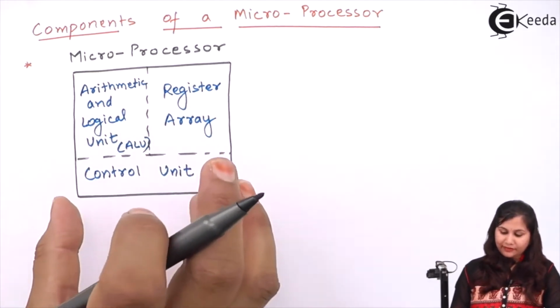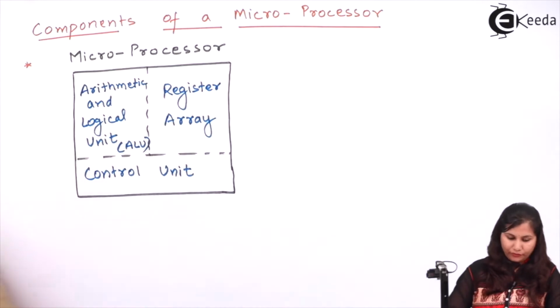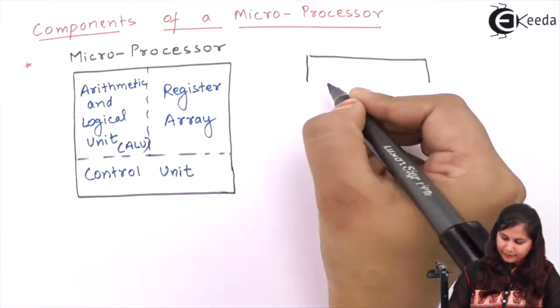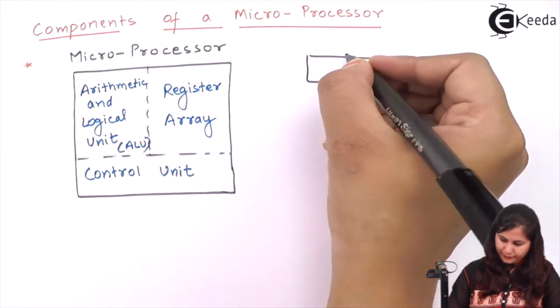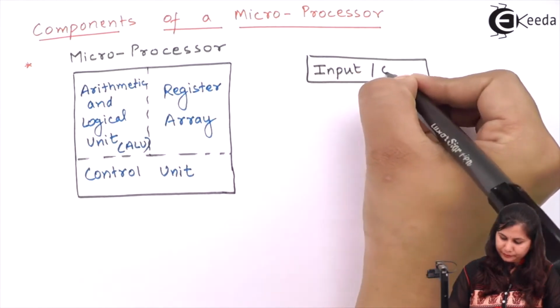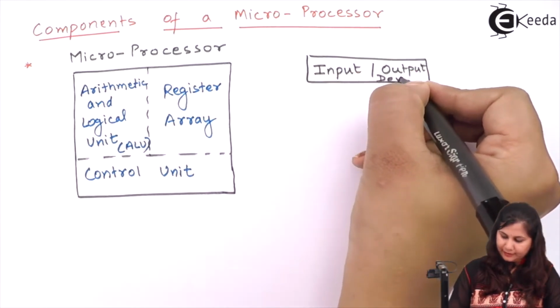Now, the microprocessor gets some input and produces the result as output. So here we also have the peripherals, or we can say input and output devices.